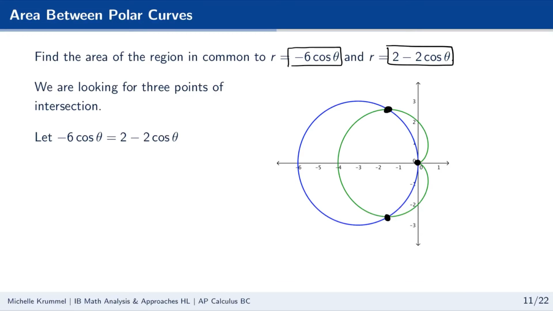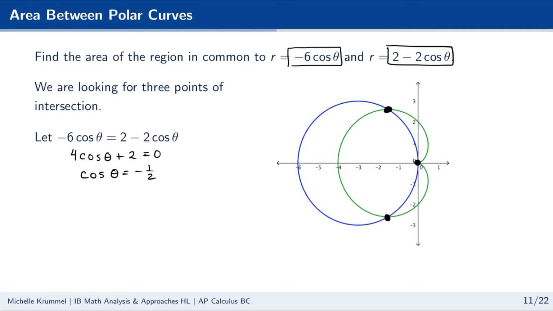So if we want to find points of intersection, we're going to set these equal to each other to see where they have the same r value. So we let -6 cosine theta equal 2 minus 2 cosine theta, and let's solve that equation. I can add 6 cosine theta to both sides, and I'll get 4 cosine theta plus 2 equals 0. And then cosine theta equals -2 over 4, or -1/2.